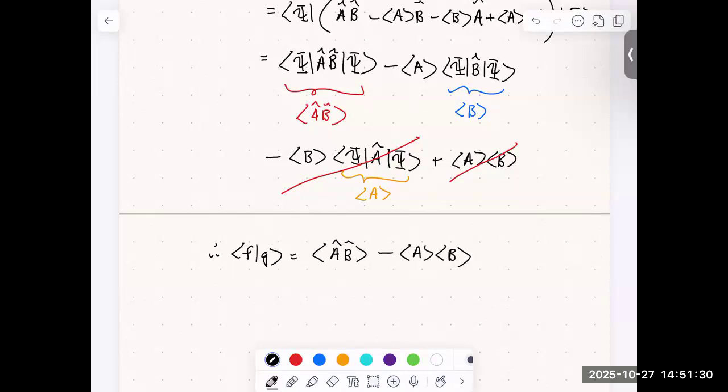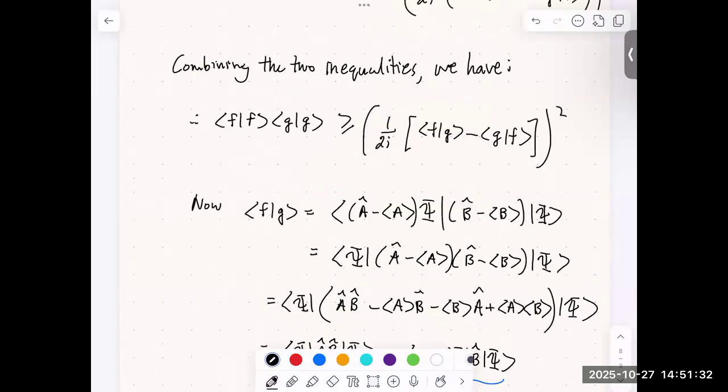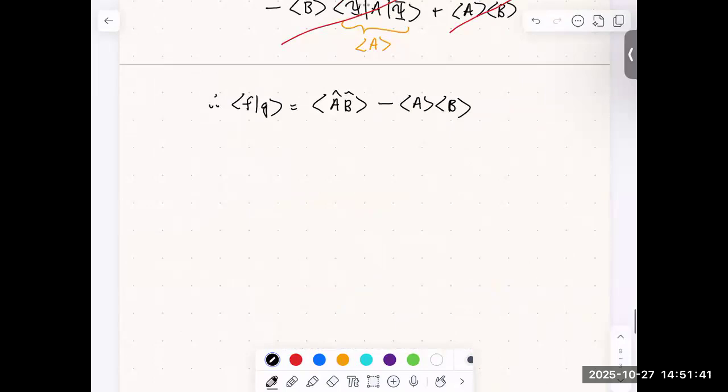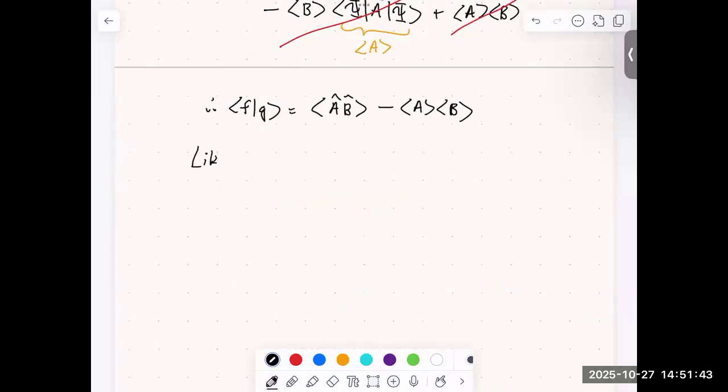All right, now if we go back and think about what we're trying to do, we want to put that into here. So we also need G and F in the opposite order. If you actually work that out, you would find that it's just the order of the operators in the first expectation value reversed.